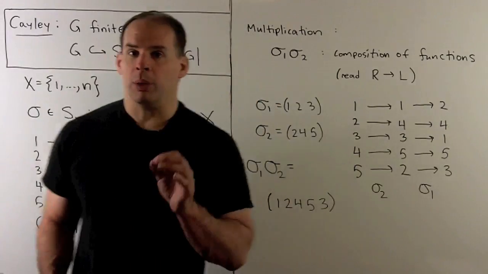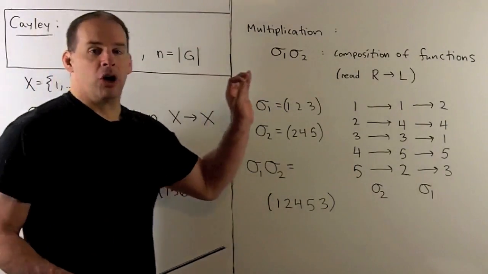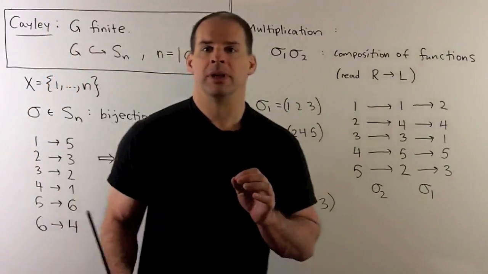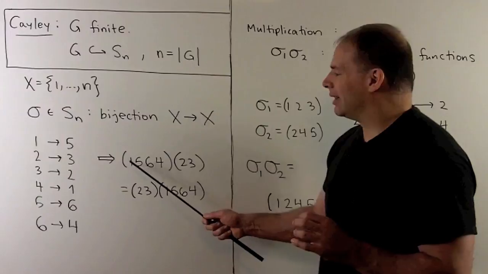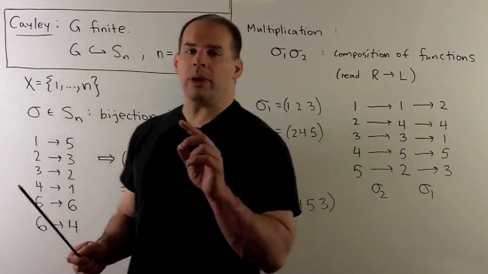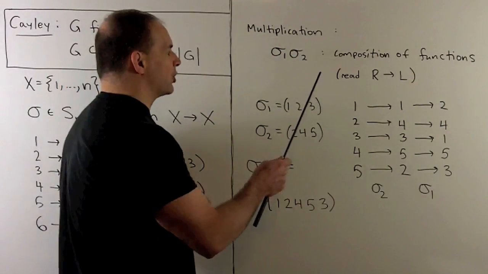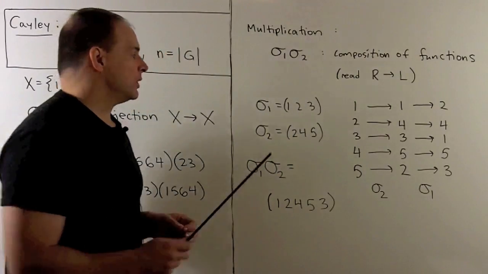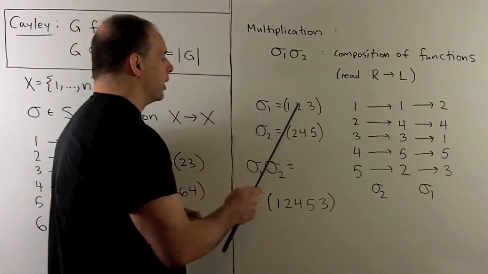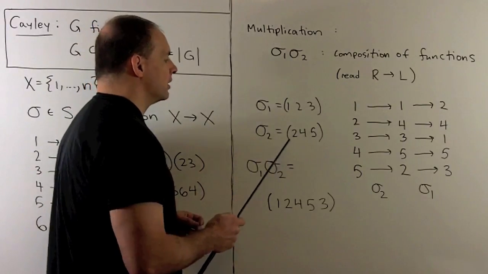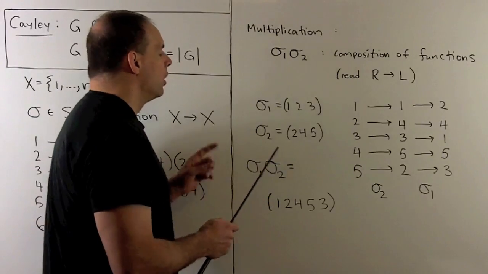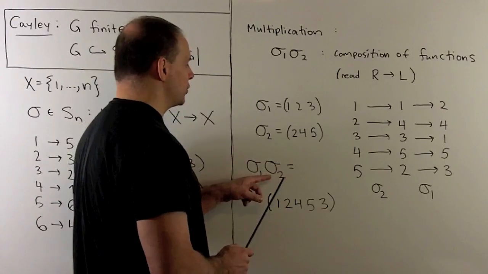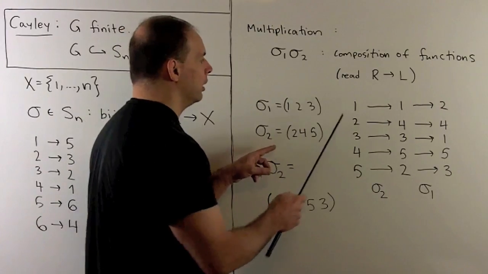Now, for the multiplication, we have functions, so we're just going to use composition of functions. Now this is a little confusing. Here, we read from left to right, but when we compose functions, when we put an actual element in here, we're going to go from right to left. So for instance, if we take sigma 1 equal to (1 2 3), sigma 2 equal to (2 4 5), and say we're in S sub 5, when I take the product, what do we get? Well, sigma 2 first, so 1 goes to 1.